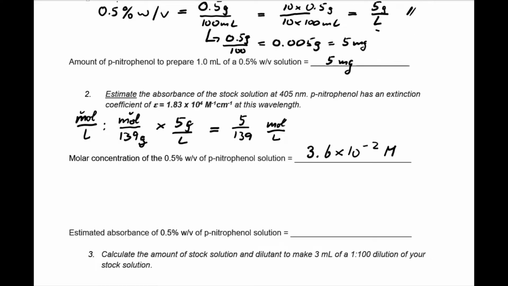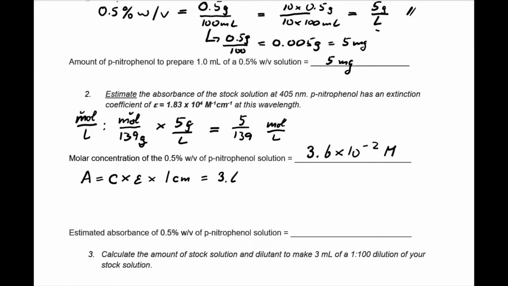And now we need to find out and estimate the absorbance of this solution, so we can apply the Beer-Lambert law, where the absorbance equals the concentration times the extinction coefficient times the path length, and the path length is usually 1 centimeter. In our case it indeed was 1 centimeter, so we just simply can put in the numbers that we just calculated for the concentration.